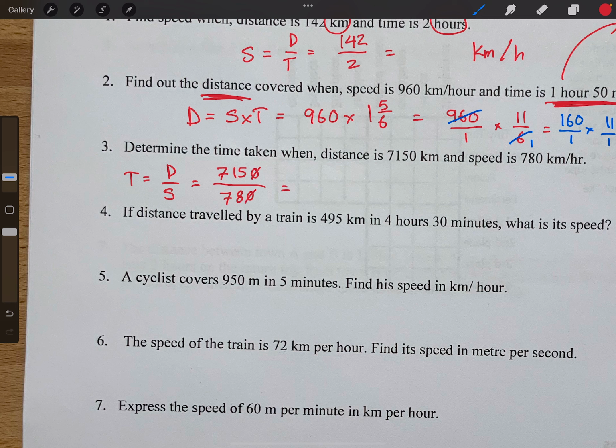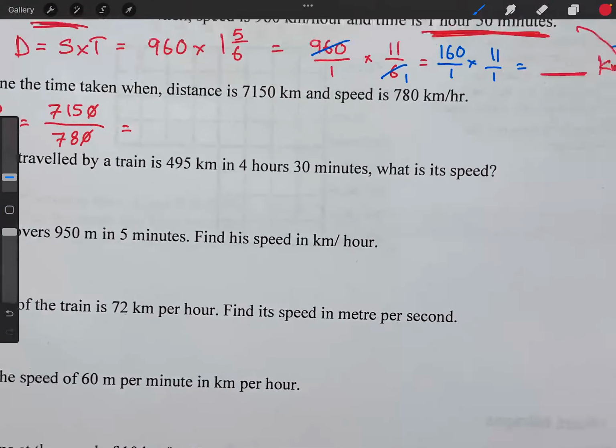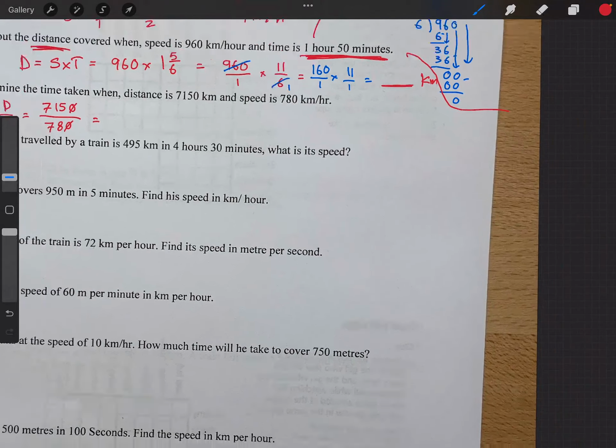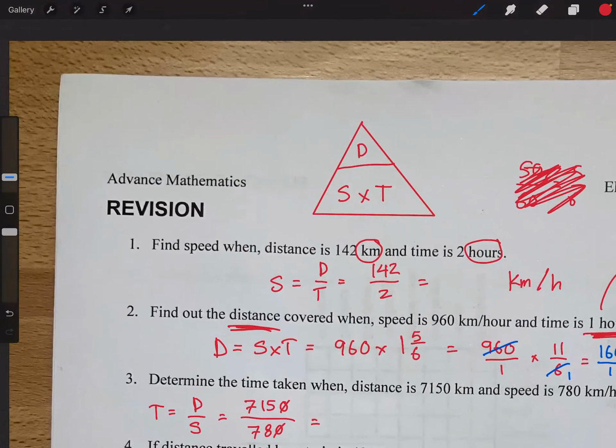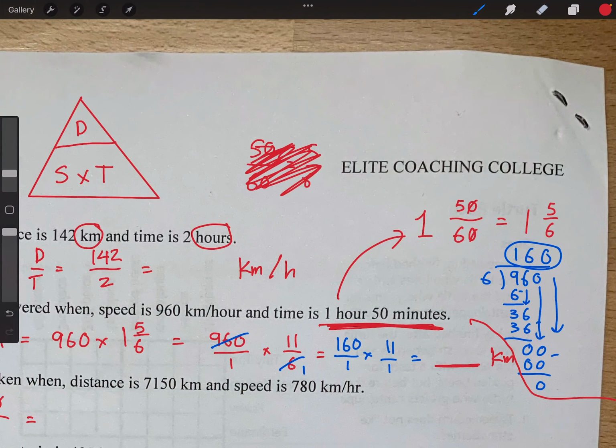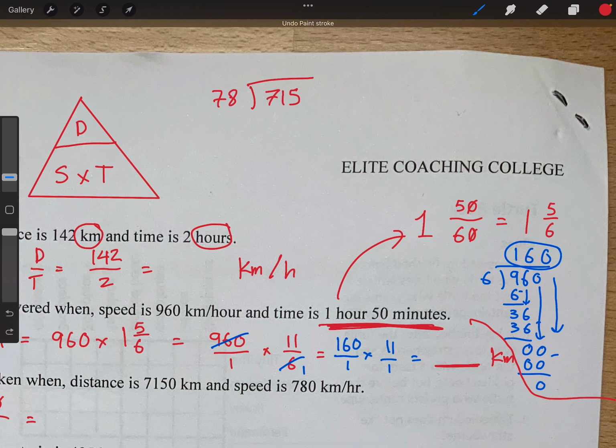and we're going to figure out how many 78s go into 715. Now that's a tricky one. I'll do that maybe up here. 715 divided by 78. Okay, 71 can't be divided by 78, so we take a whole number, 715. Let me see.